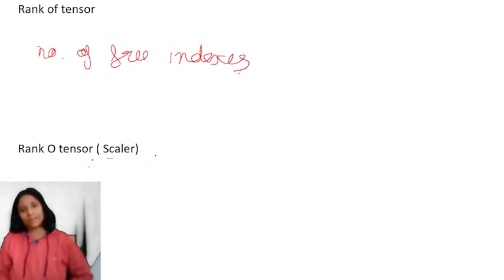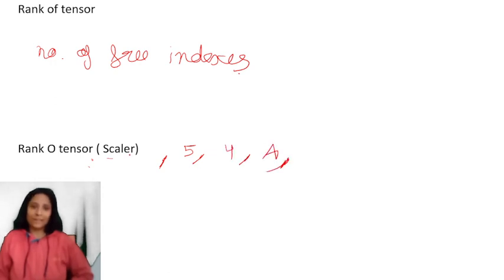Rank 0, a scalar: if any quantity has no index, like 5, 4, 8, we call it a scalar. That always remains the same under coordinate transformation, meaning its value always remains the same. Anything that has no free index is a scalar.